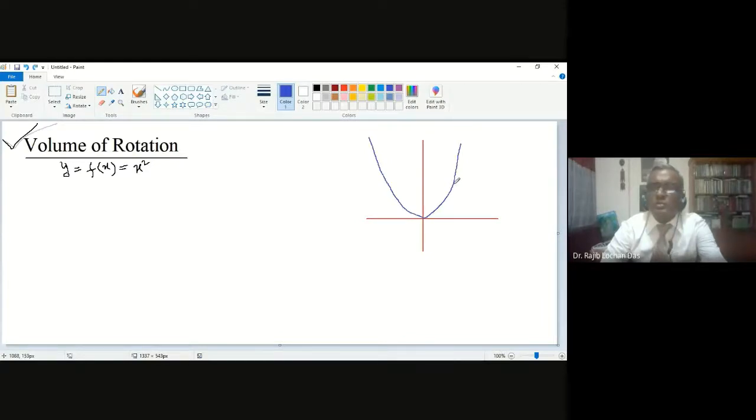This will be exactly like this. Okay, this is the y equal to x square graph. So the graph will look like this, and the x-axis, y-axis are all the same.